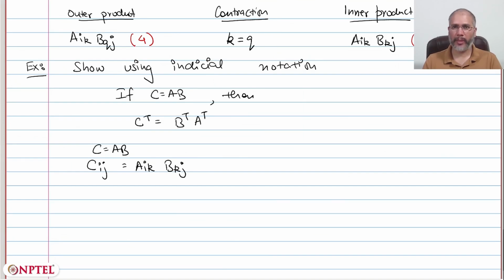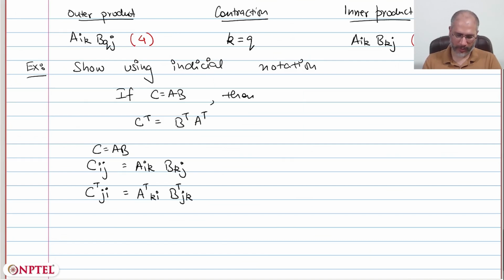Now the relation between C and its transpose is simply that Cij is the j,ith term of C transpose. Similarly, Aik is the k,ith term in A transpose, and Bkj is the j,k term in B transpose.